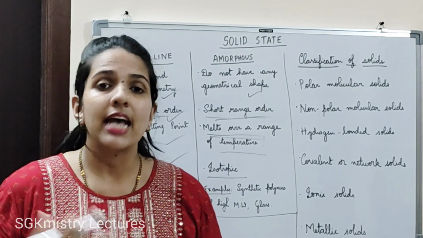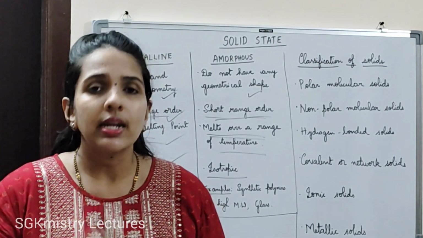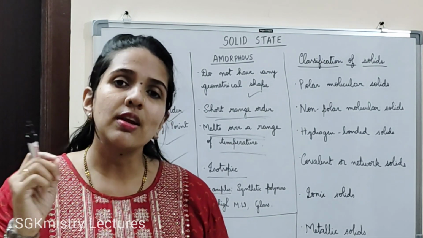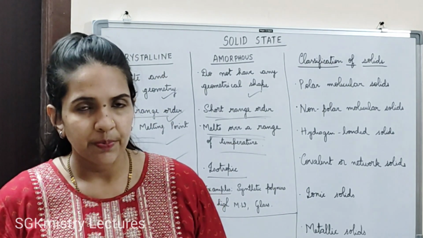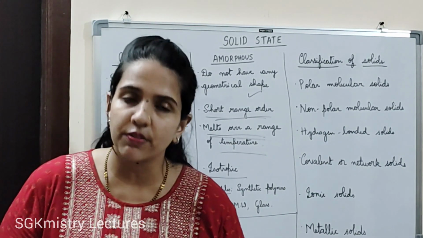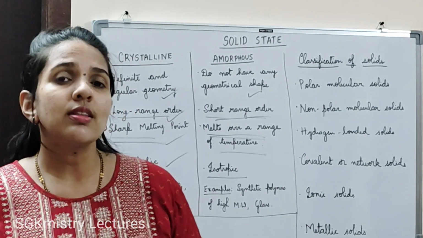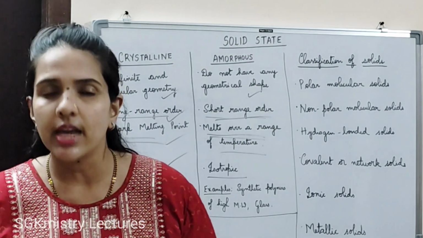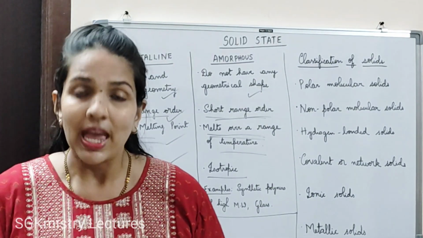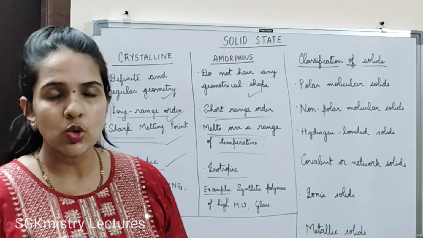Because, as I've already told, there is a definite arrangement of particles in three-dimensional space, and when you measure any particular physical property, for example refractive index, in different directions, you get different values. That's why we say crystalline solids are anisotropic.